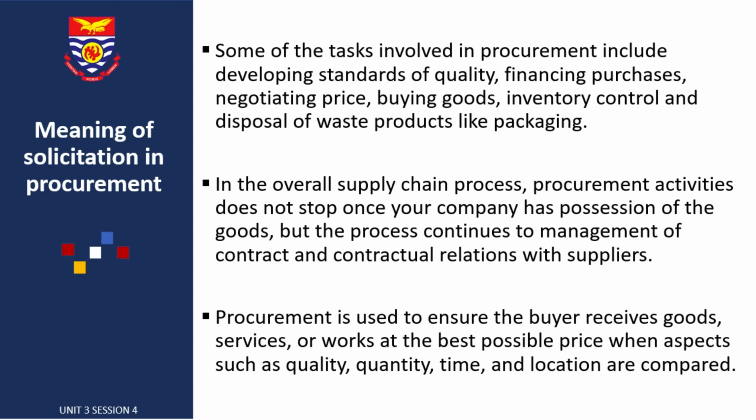So some of the tasks involved in procurement include developing standards of quality, financing, purchasing, negotiating pricing, buying goods, inventory control, and disposal of waste products like packaging. In the overall supply chain process, procurement activities do not stop once your company has possession of the goods, but the process continues to manage the contracts and contractual relationship with suppliers.